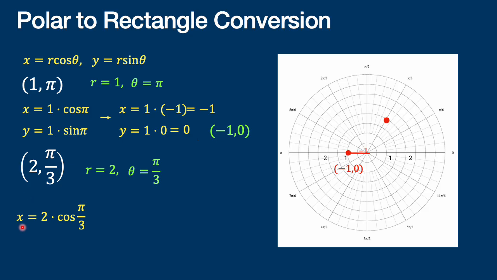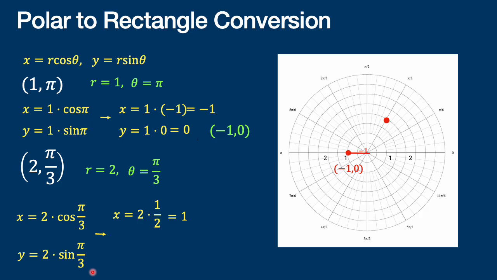We want to find the x value: 2 times cosine pi over 3. The y value is 2 times sine pi over 3. Cosine pi over 3 is 1 over 2, so 2 times 1 over 2 is 1.